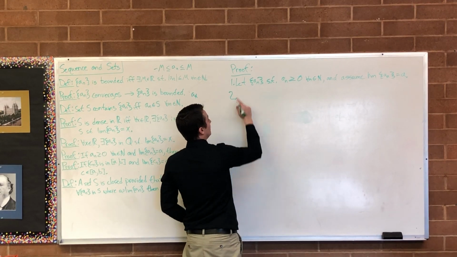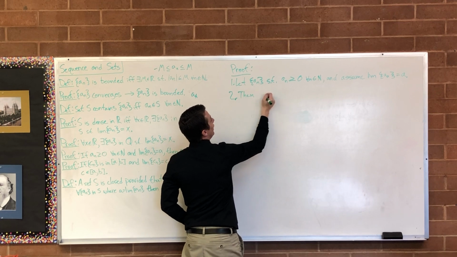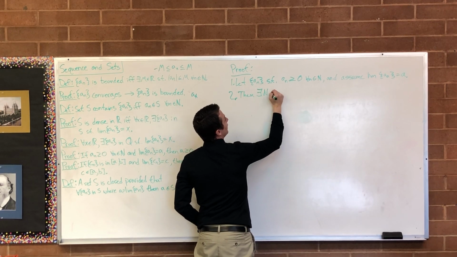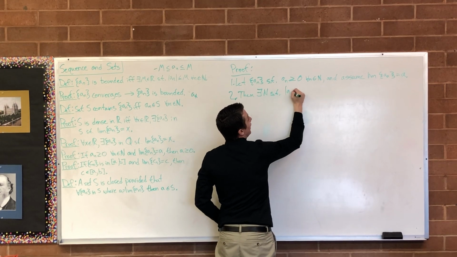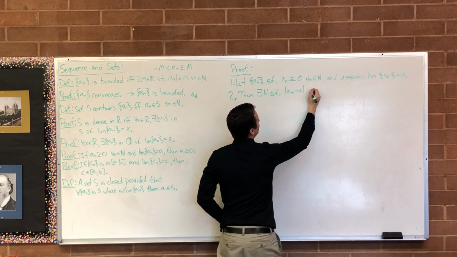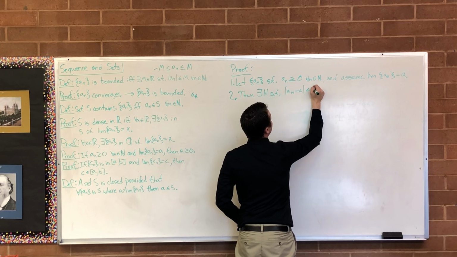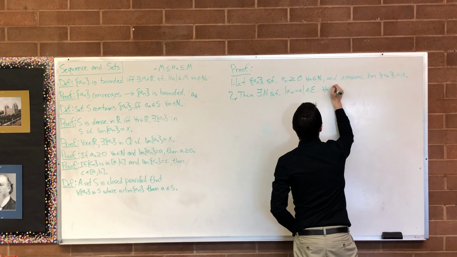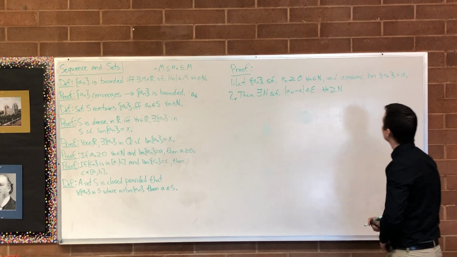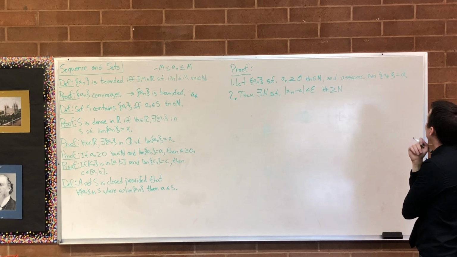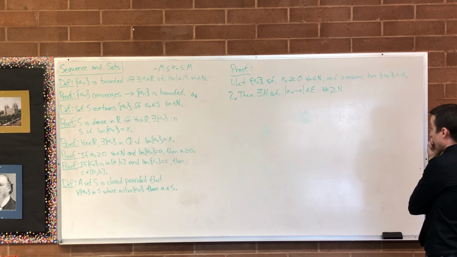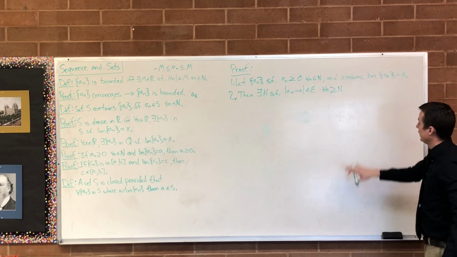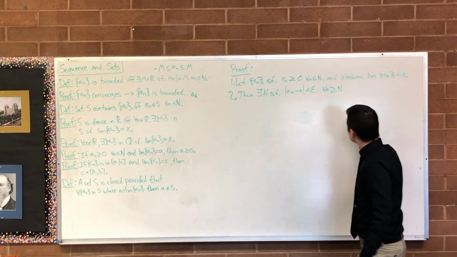Not sure how I'm going to do this yet, so I'm just going to start playing. Then there exists some index N such that |a_n - A| is less than epsilon. I can pick something there. I don't know what I want to pick yet. For all n greater than or equal to N. What would I want to pick? Let's do some scratch work to the side, see if we can figure out what it should be, and then come back.